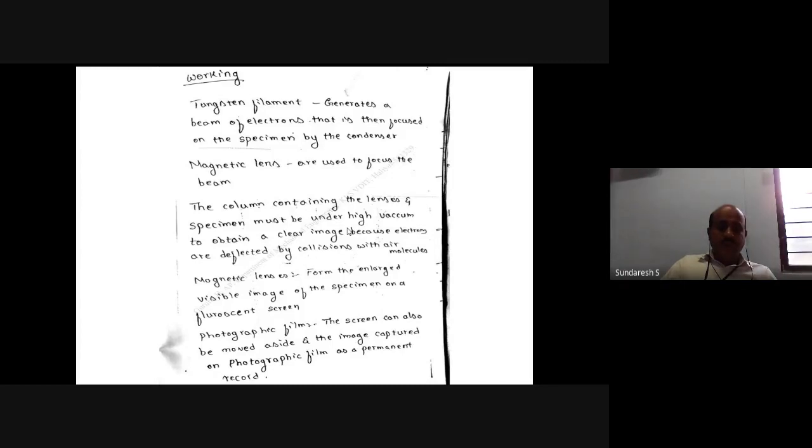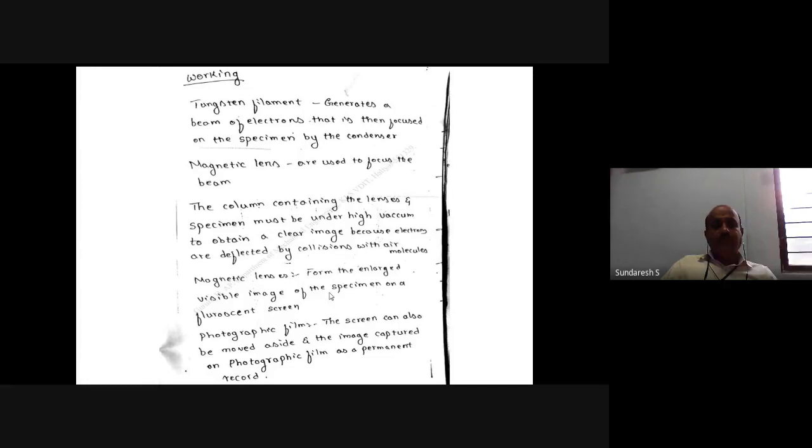Once the electrons are deflected, they cannot be focused on a particular imaging screen or photographic screen, so we may not get the images clearly. Therefore, when you maintain a vacuum, there will be no air molecules, and hence there is no possibility that electrons will get reflected.